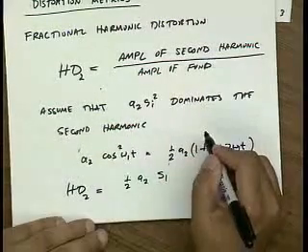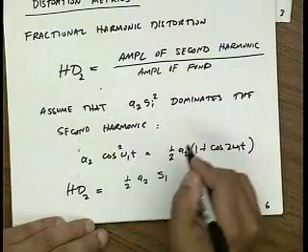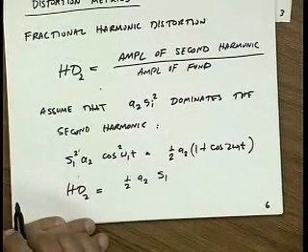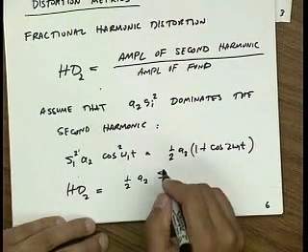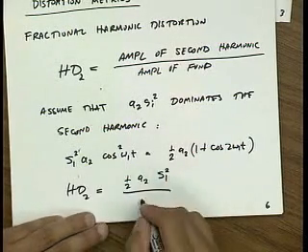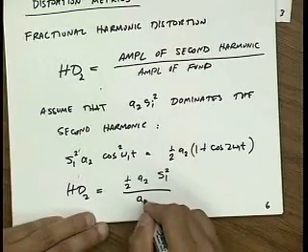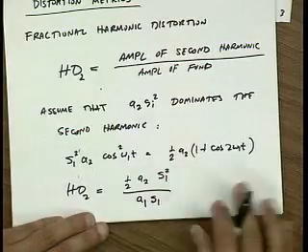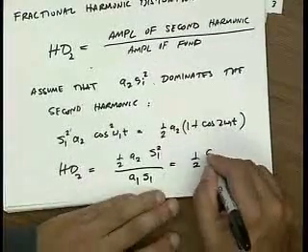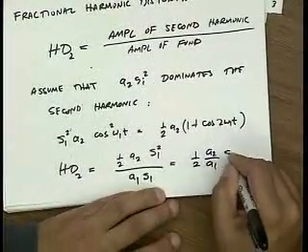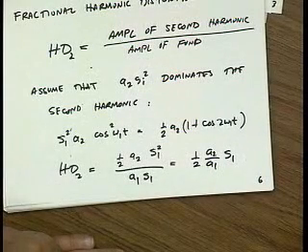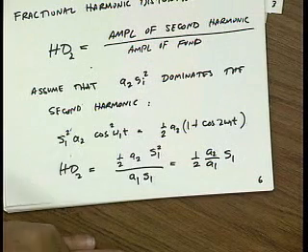Let's say that the input is S1 cosine omega t, so S1 is just the amplitude. So I get S1 squared divided by the fundamental at the output, which is just A1 times S1. In other words, HD2 is 1/2 A2 over A1 times S1. Okay? Any questions about that?